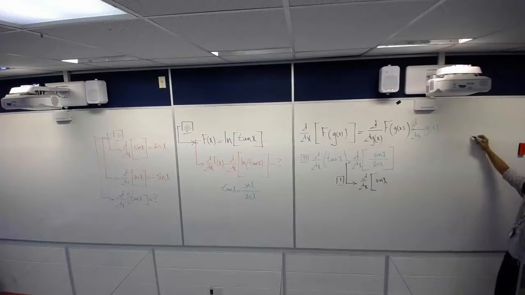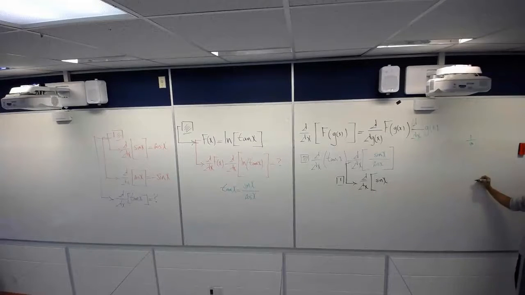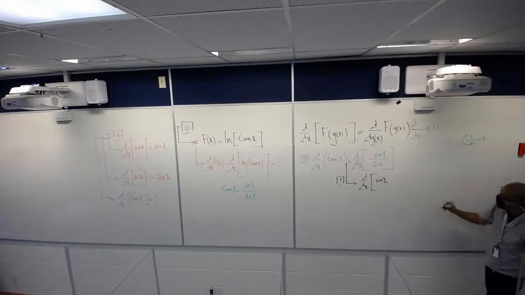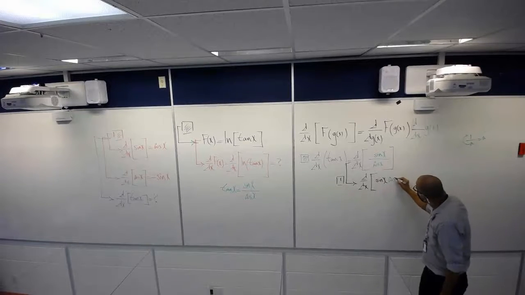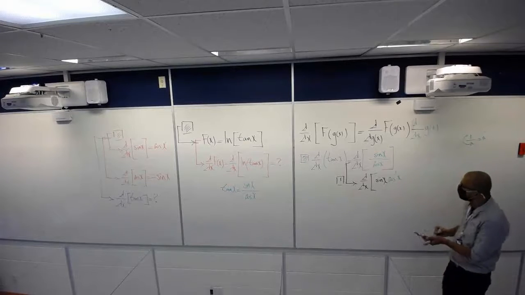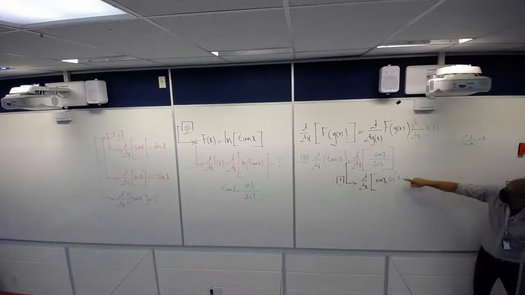Look at this. You have 1 over a. You want to bring a upstairs. Then you say, okay, no problem. I bring you upstairs, but I'm going to give you a tag. And that tag is exponent of minus 1. I'm going to do the same thing here. And I say cosine to the minus 1 of x. You know, the minus 1 goes for the cosine.